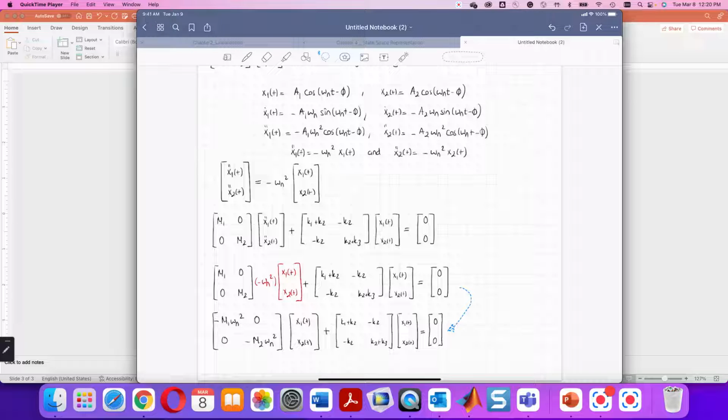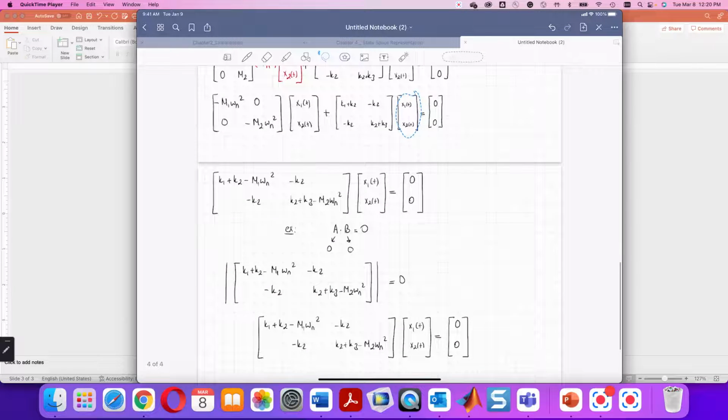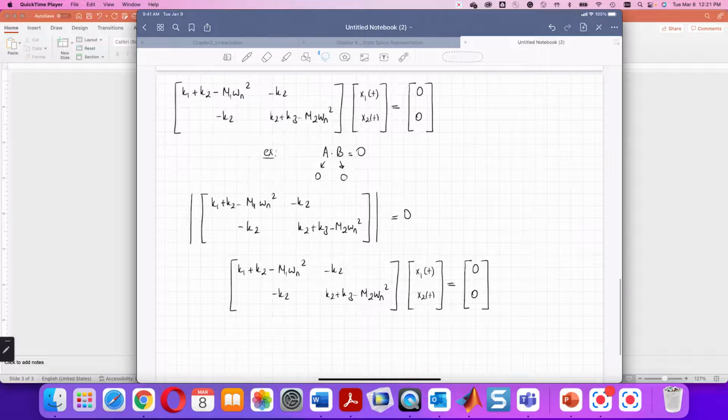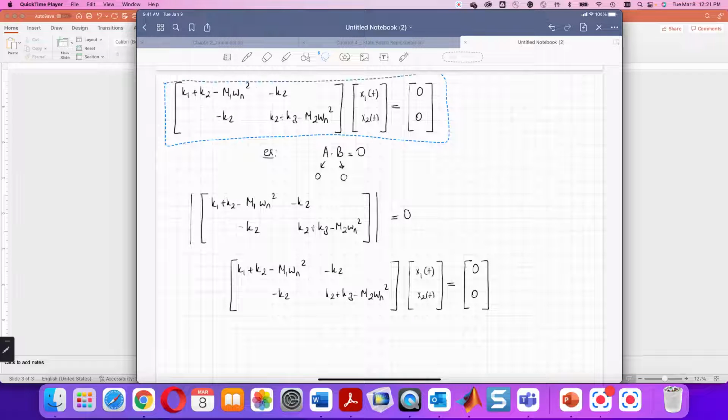We can still further simplify the equation because both of these terms are multiplied by the position. If you factor out x1 and x2, then I just get a product equal to 0. Let me give you an example. If the product of two terms is equal to 0, then at minimum either A should be 0 or B should be 0, or both of them should be 0.